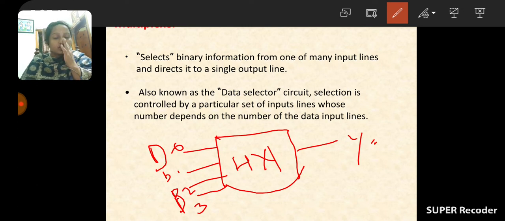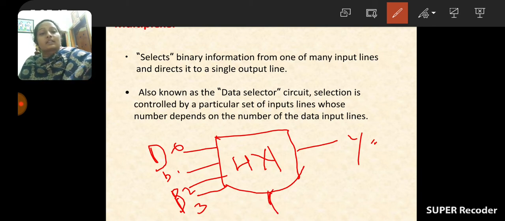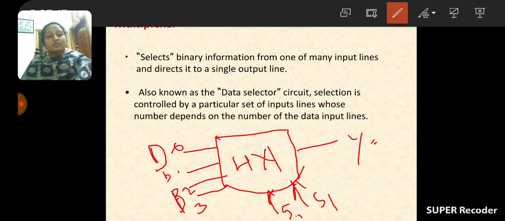Here one question is, how will it select the data, based on which factor? For that purpose, every multiplexer has some selecting lines, indicated with S. Here we are using two selecting lines. Why are only two selecting lines required to select four data? Here one formula is there: 2 to the power of n is equal to the number of inputs.